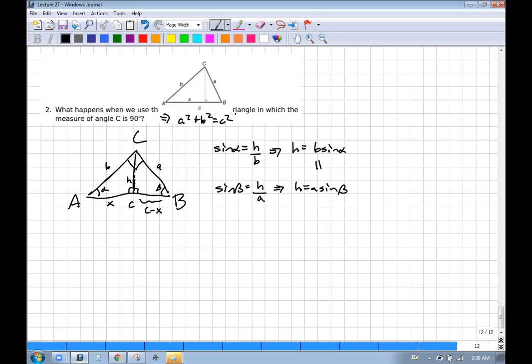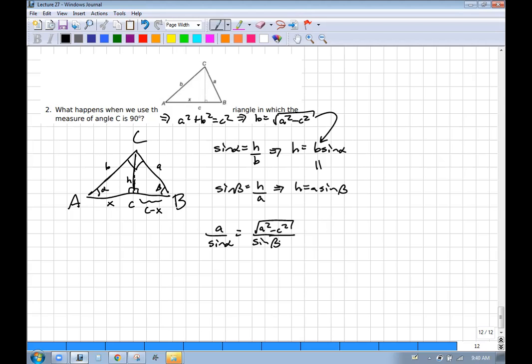So we could say B is the square root of A squared minus C squared. We could plug that in right there. So the law of sines said A over sine alpha is B over sine beta. But I could replace B here with the square root of A squared minus C squared.